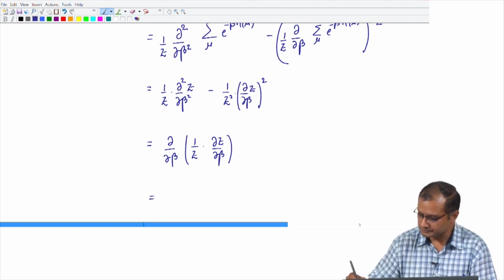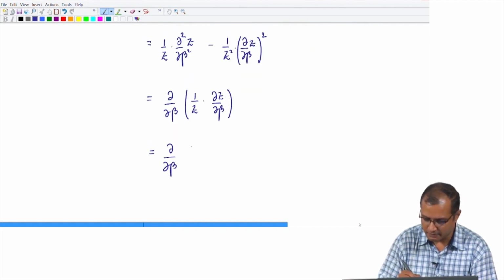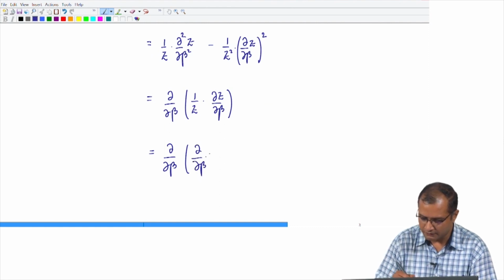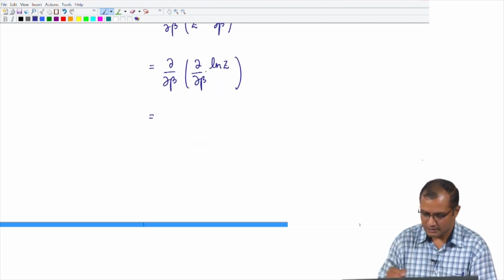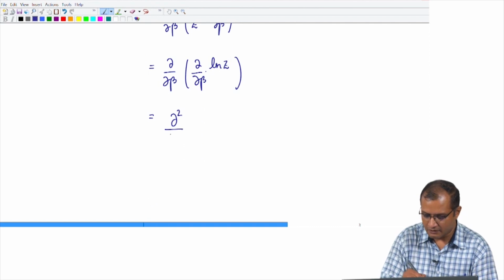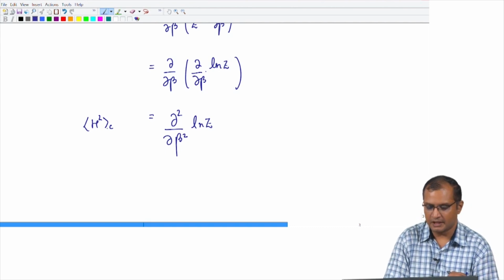And I already know what is the quantity inside the bracket, which is nothing but d over d beta of ln Z. So, this is nothing but the second derivative of ln Z. Remember, I was computing the second cumulant of the energy.